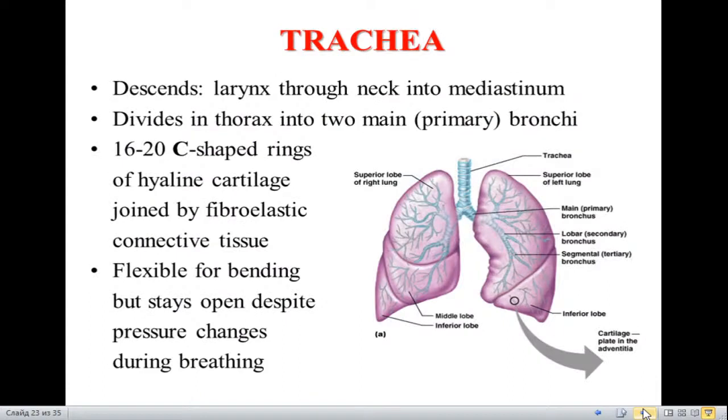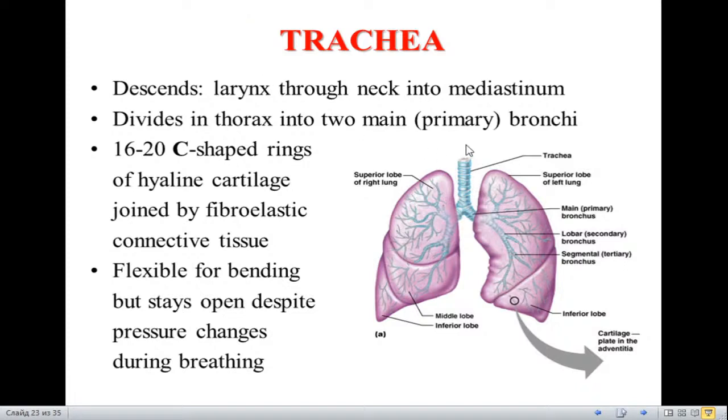So the next part of our lecture is the trachea. The larynx continues into the trachea, and in the thorax, the trachea divides into two main or primary bronchi.